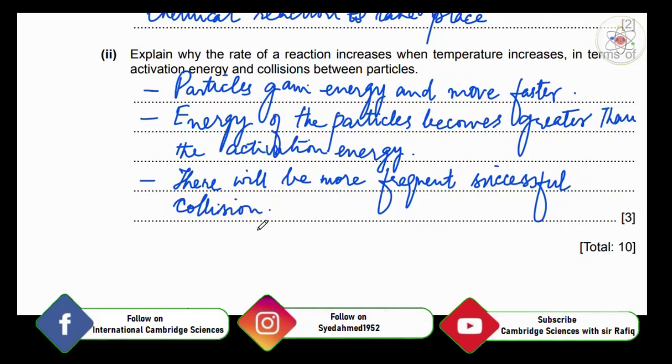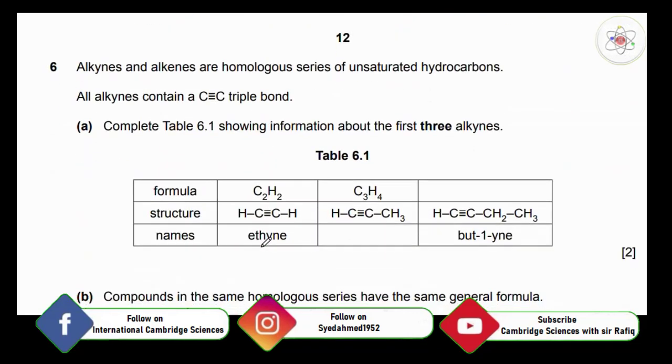Moving on, the next question number 6, which is from organic chemistry. Alkynes is the 3rd homologous series of hydrocarbons after alkanes and alkenes. Alkenes and alkynes are homologous series of unsaturated hydrocarbons.